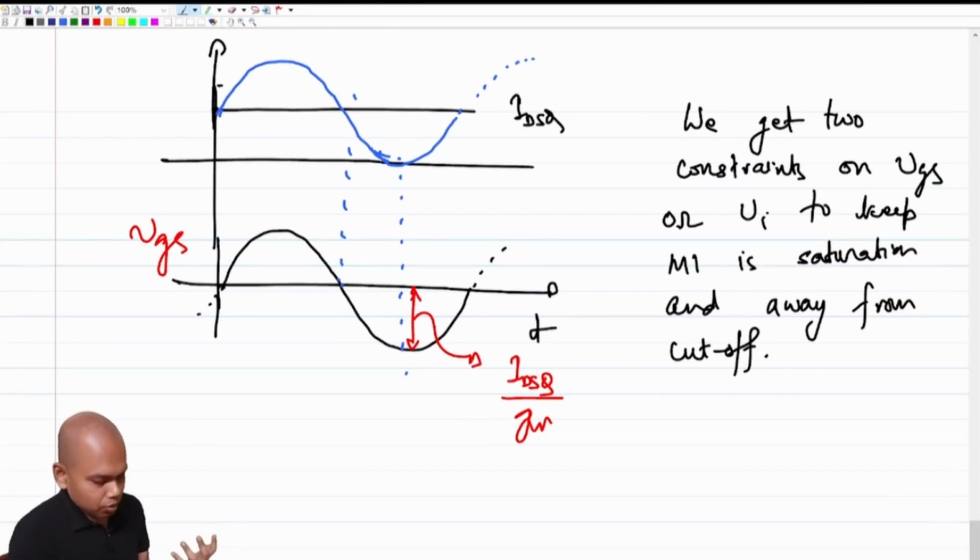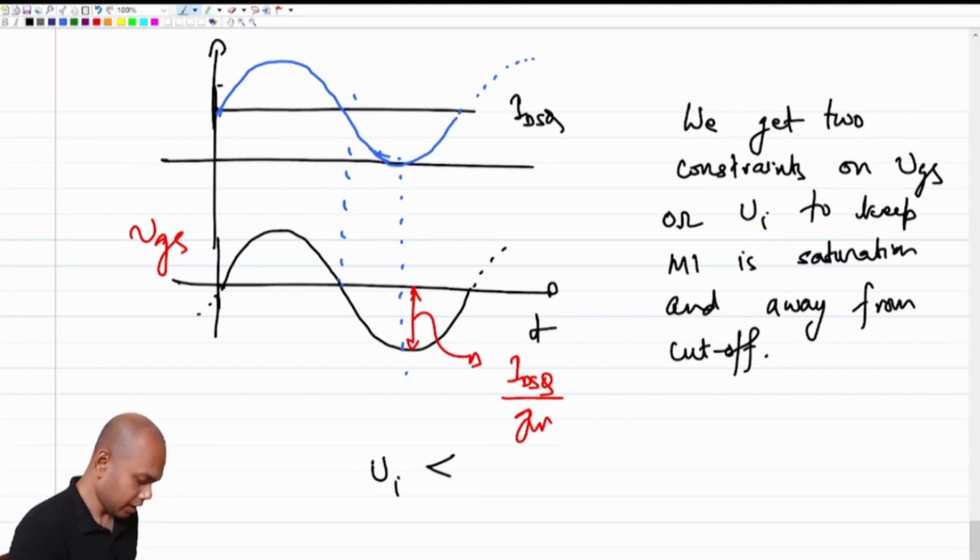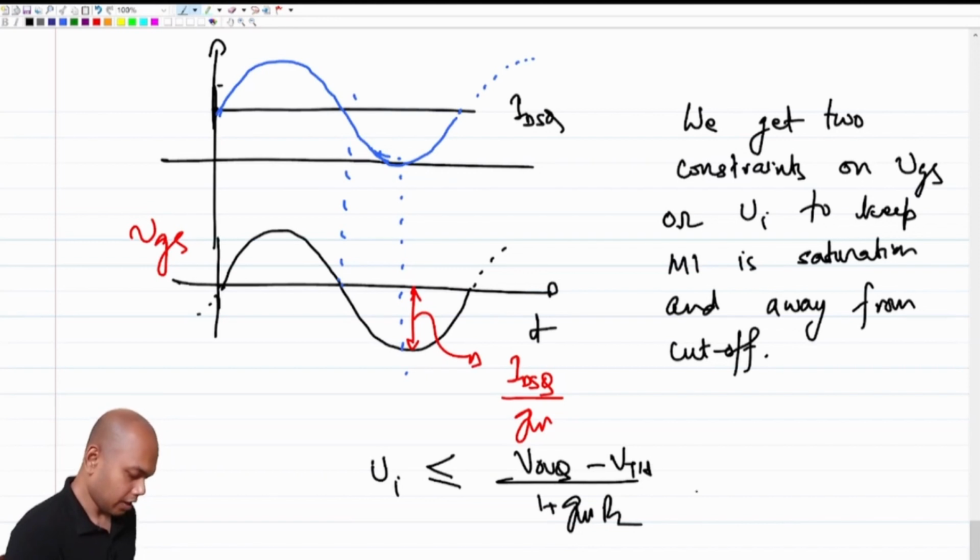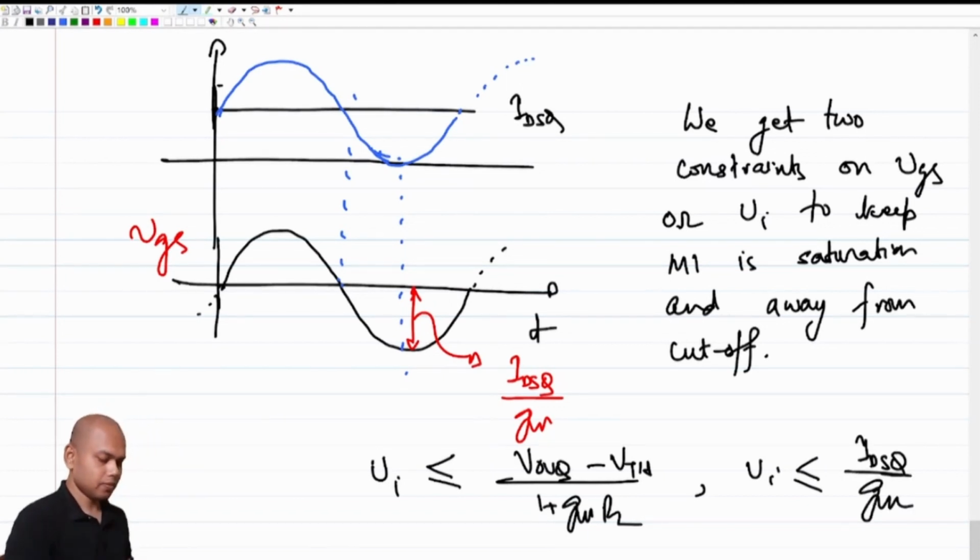So what are these constraints? The constraint that we got was VI should be less than the overdrive voltage Q minus threshold voltage, divided by 1 plus GMRL, and another constraint was VI should be less than or equal to IDSQ over GM, right?